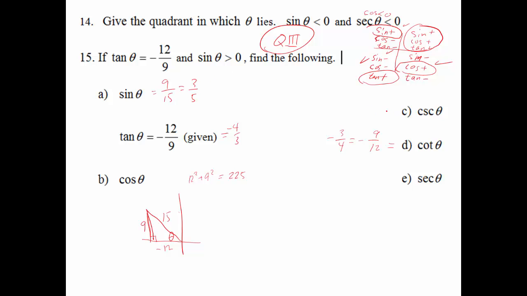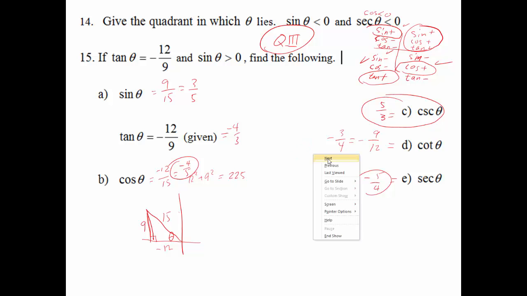And then this cosecant is the reciprocal of that. And then cosine is adjacent over hypotenuse, and that reduces to negative 4/5, and take the reciprocal of that.